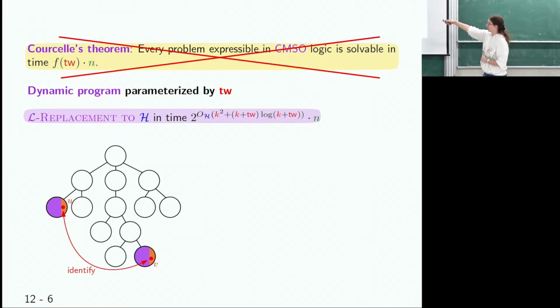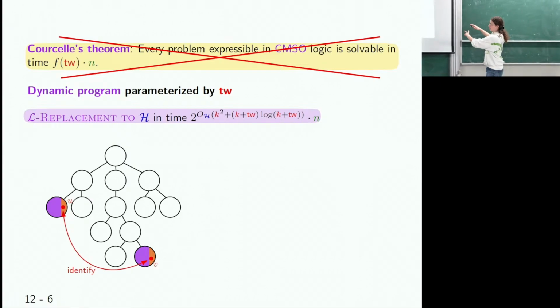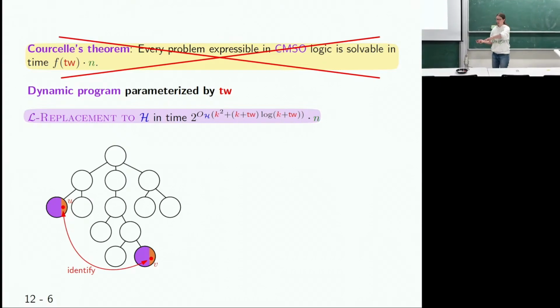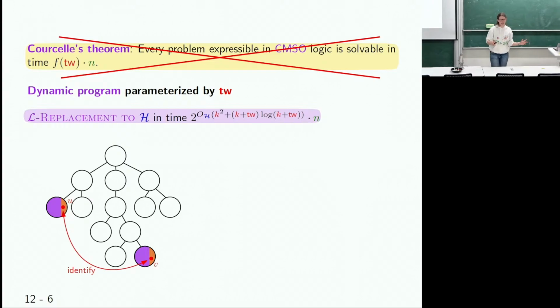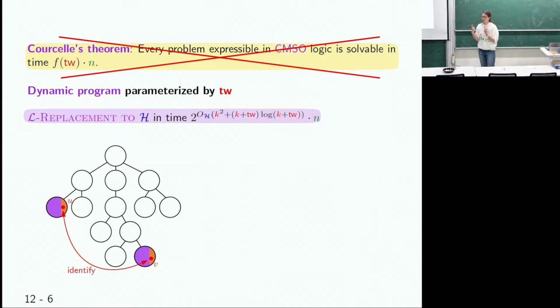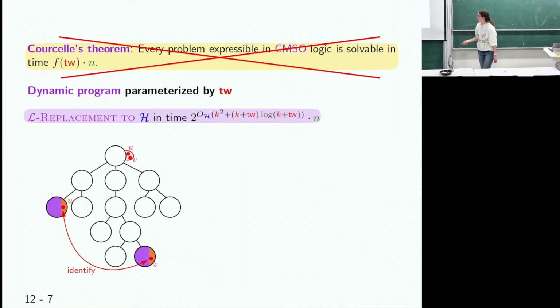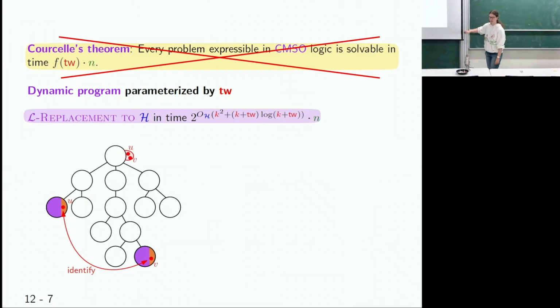Here, it might be that you want to identify a vertex in a leaf with a vertex in another leaf far away. So somehow you need to keep in mind the information of the partial solution. Like you need to have some bag that contains both U and V, and so to remember U and V everywhere before.